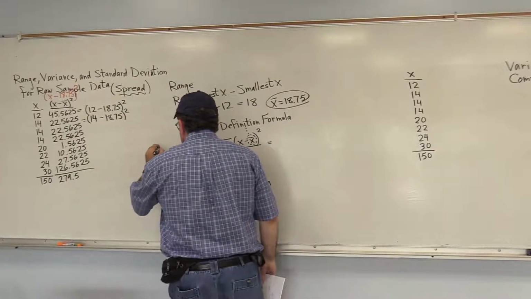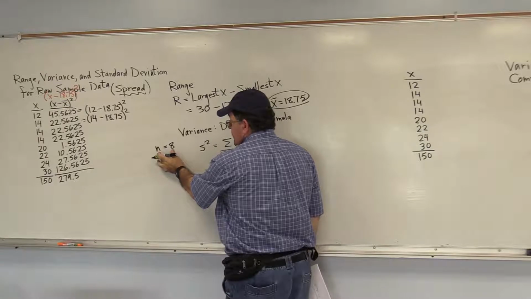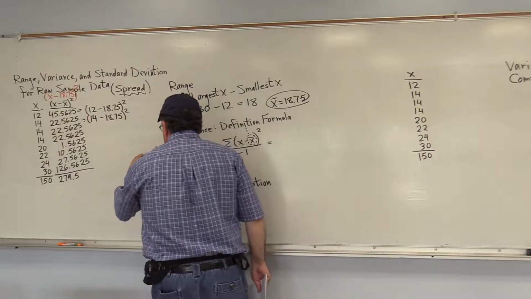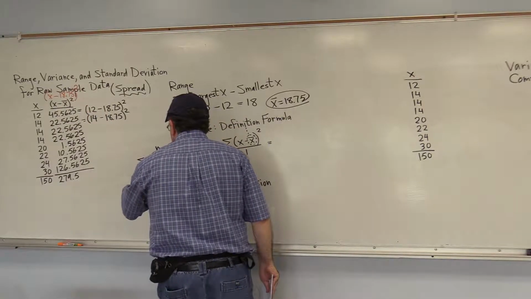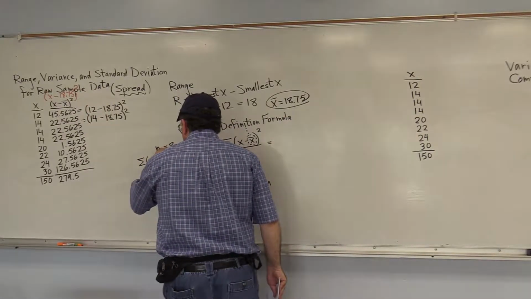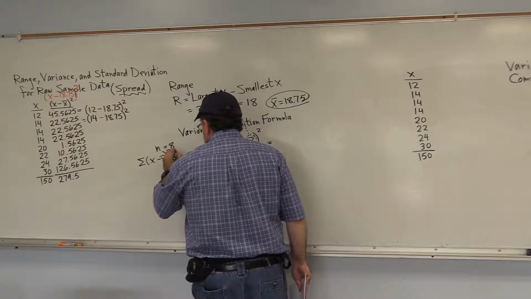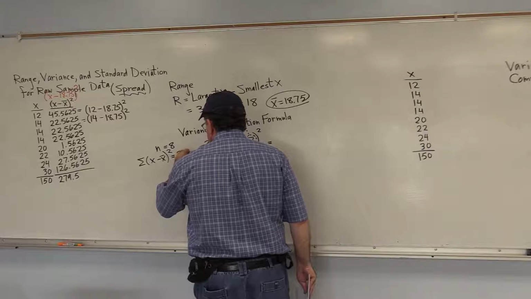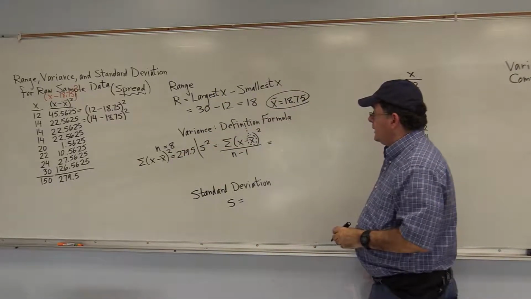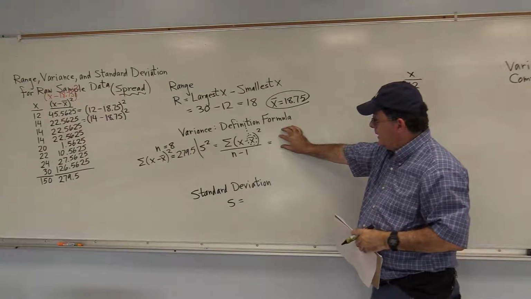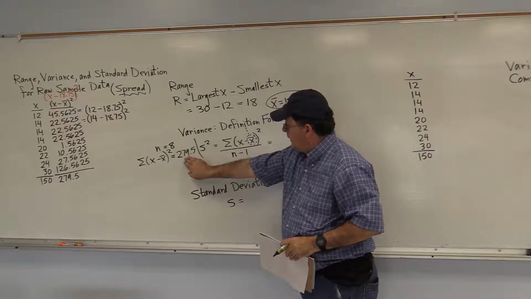So now I'm ready for this formula. We know that n is equal to 8, that's our sample size. And we know that the summation of the quantities x minus x bar squared is equal to 279.5. So, plugging those numbers in, this number is the numerator of our fraction.